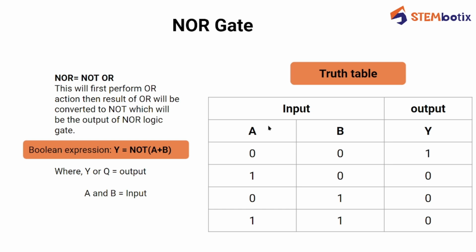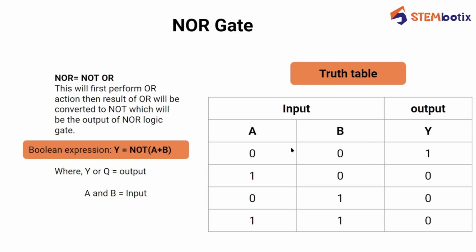As we discussed earlier, in an OR gate the output will be 0 if and only if both the inputs, input A and B, are in 0 condition. In the three other cases you will have output as 1, but this is the NOR gate, so this is the total opposite.